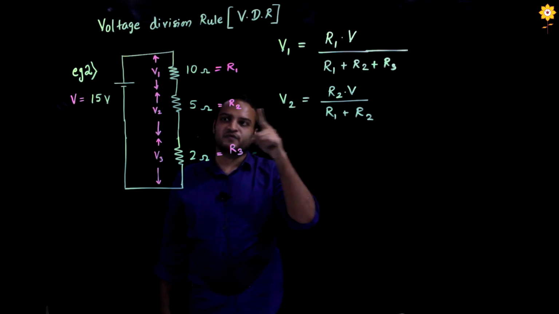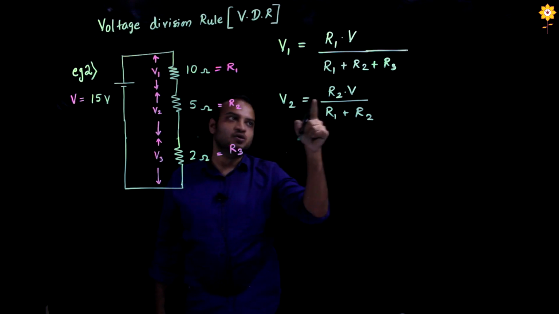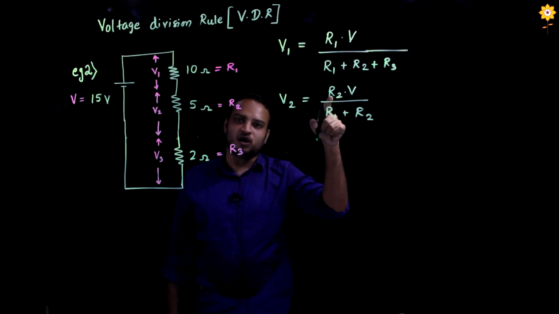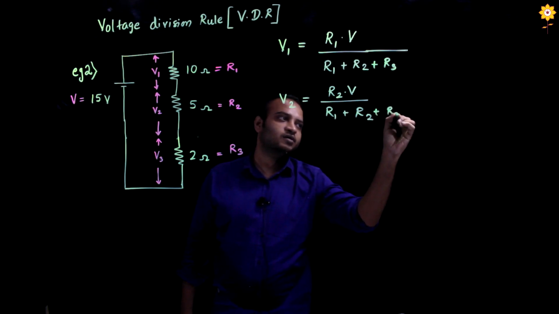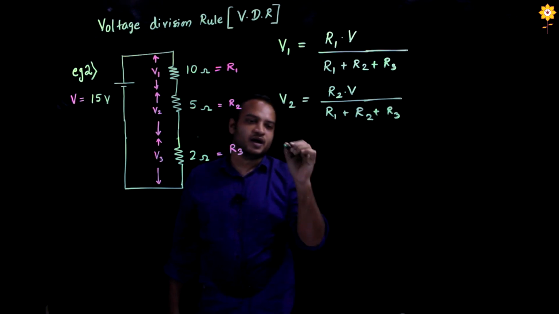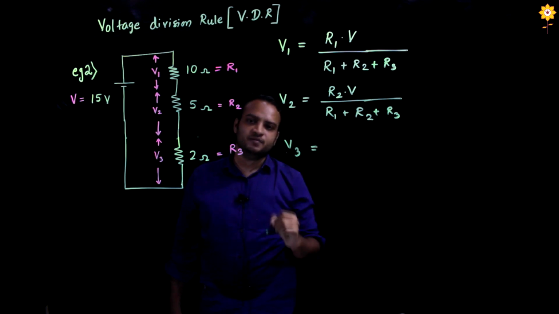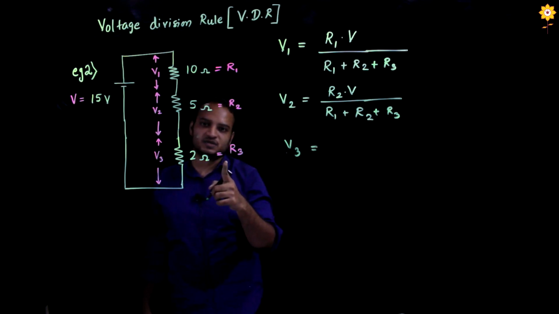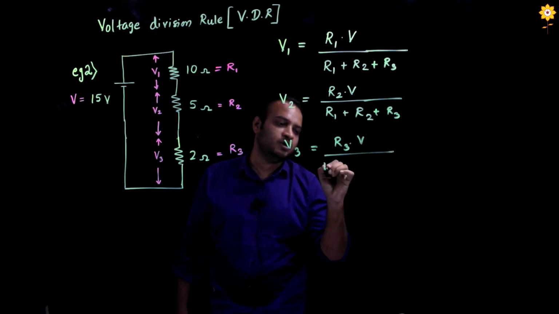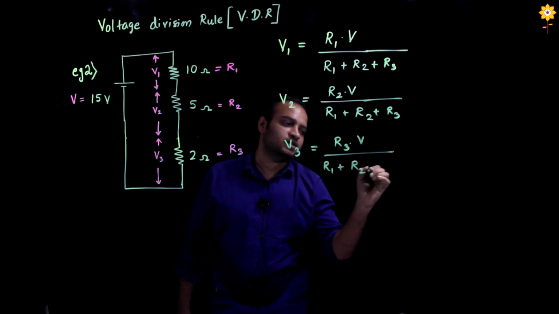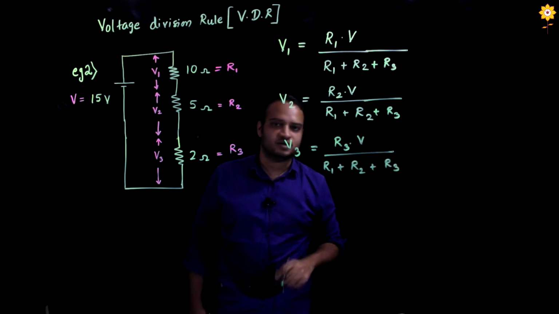Next V2, V2 is the voltage across resistance R2, so V into R2 divided by R1 plus R2 plus R3, and for V3, V3 is the voltage across resistance R3, so R3 into V upon R1 plus R2 plus R3.